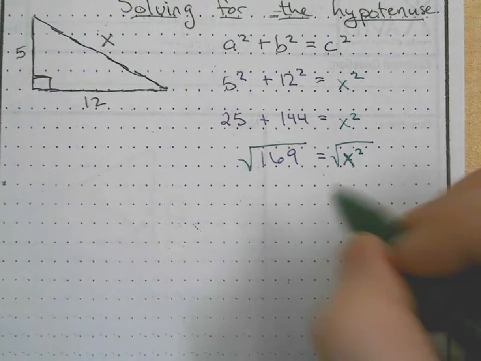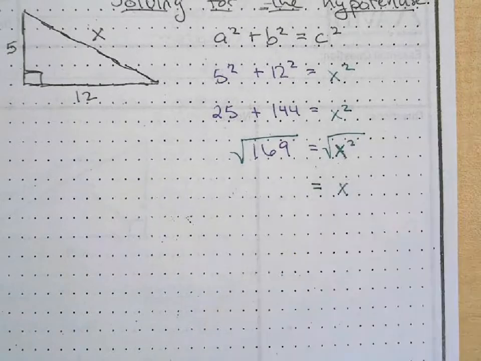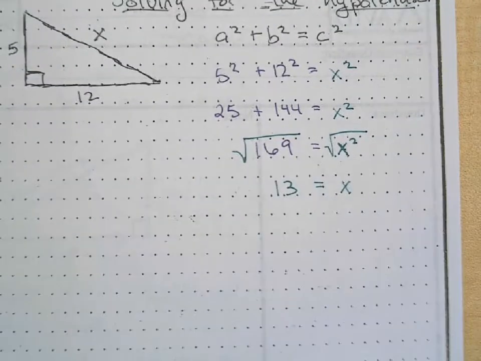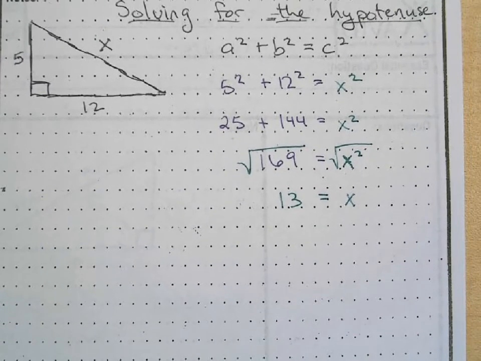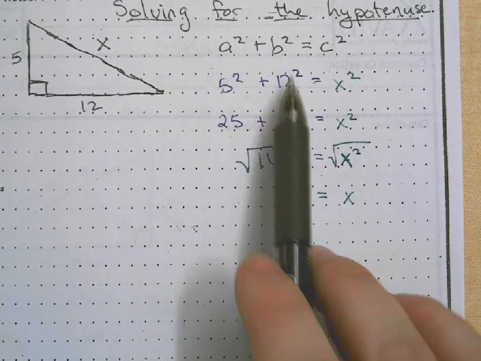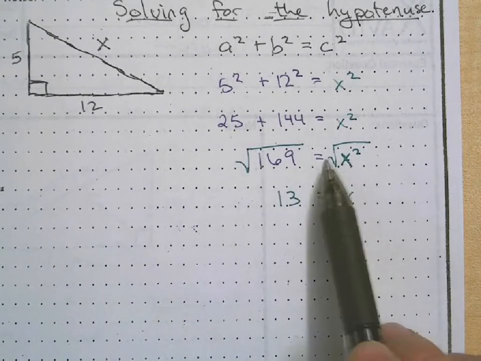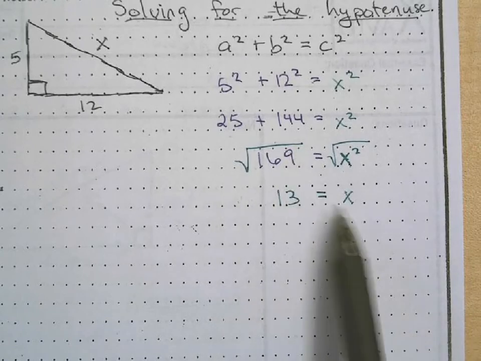And then when we punch this in our calculator, we'll get that x is equal to 13. And that's how we can solve for the hypotenuse. So we'll just plug in our numbers, we simplify, combining our like terms, and then to solve for x, I have to take the square root of both sides.